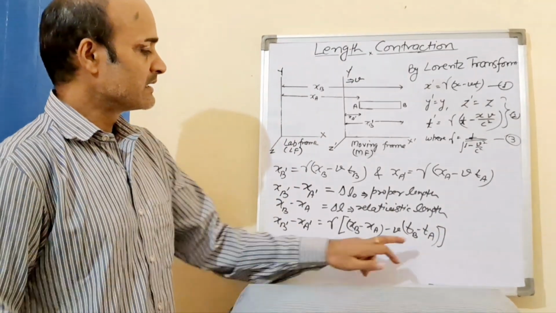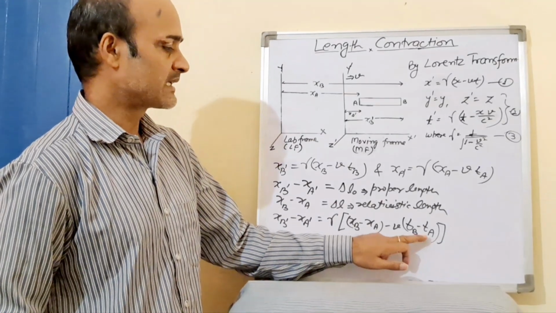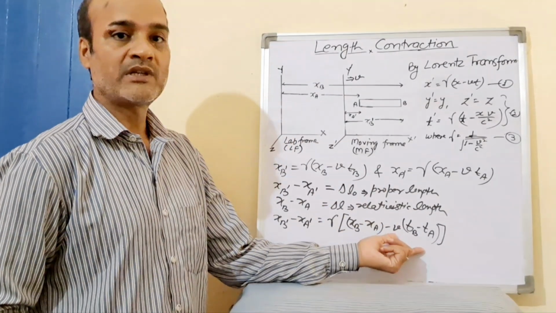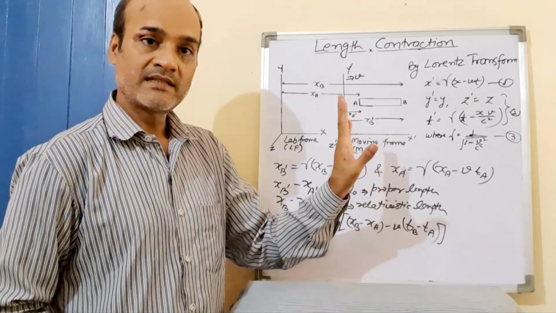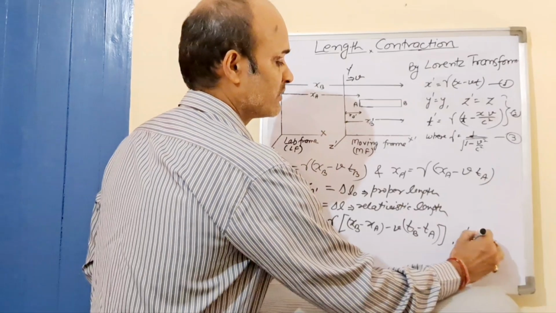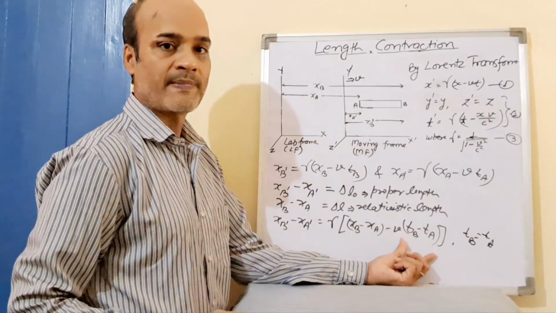Now tb and ta are the time coordinates in this frame, but since I have to measure the length of an object at the same instant of time, in this case we will have tb equal to ta, so that term will be cancelled out.